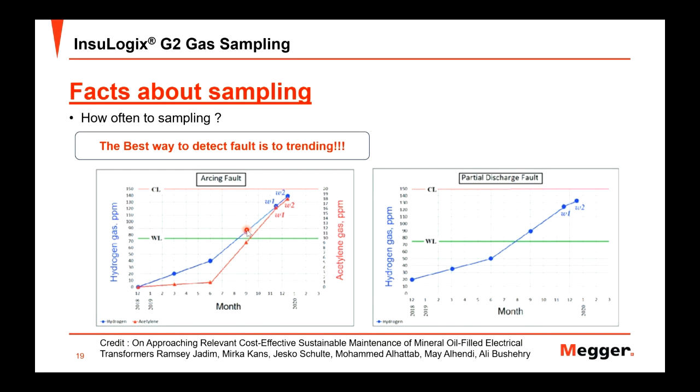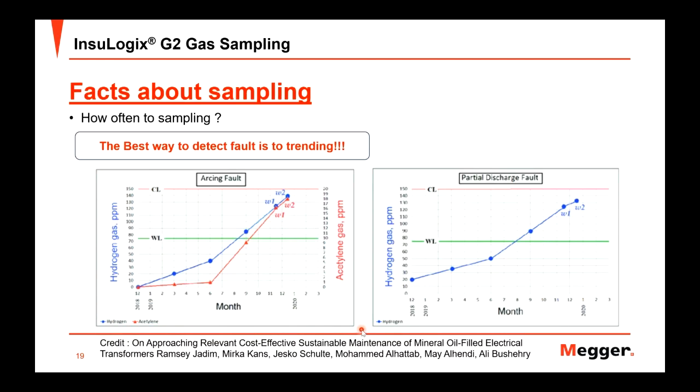Okay, next fact is how often you do sampling. In case you don't have online monitoring, you do a normal DGA sampling every time you take out the oil. This is a case study that I brought from research on approaching relevant, cost-effective, sustainable maintenance of mineral oil filled electrical transformers.